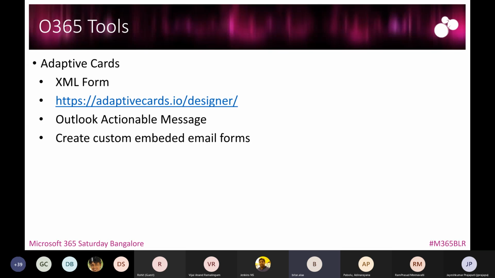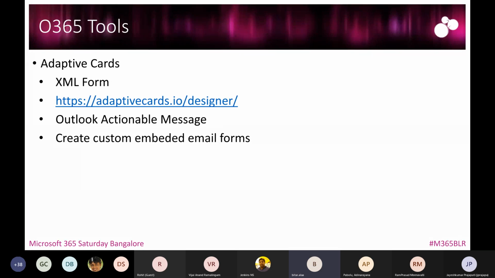You can create forms using adaptive cards and have buttons, drop-down fields, input boxes, date pickers, you name it, and then directly from this site you are able to get the definition of the adaptive card and use it in your development.